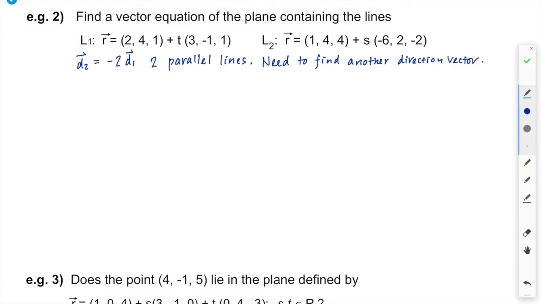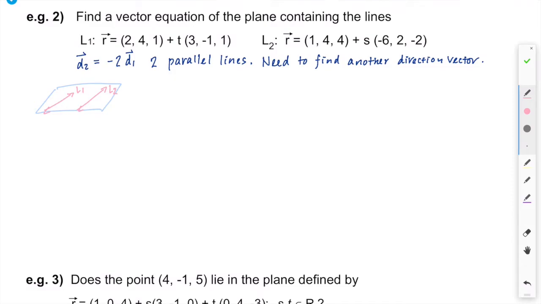Okay, so let's sketch this out. So the situation we're in is that on this plane, I've got line 1 parallel to line 2. I can use that as one of the direction vectors.